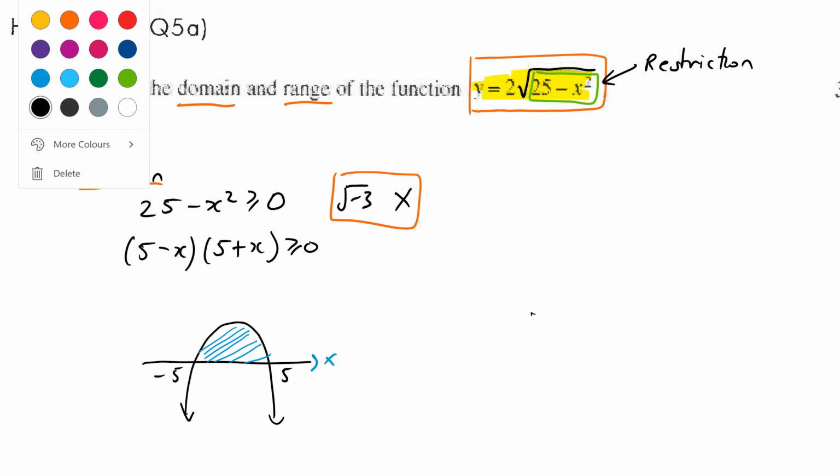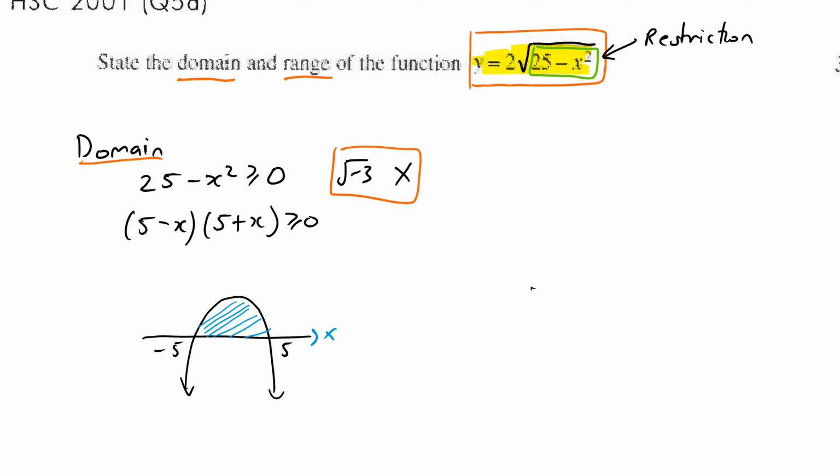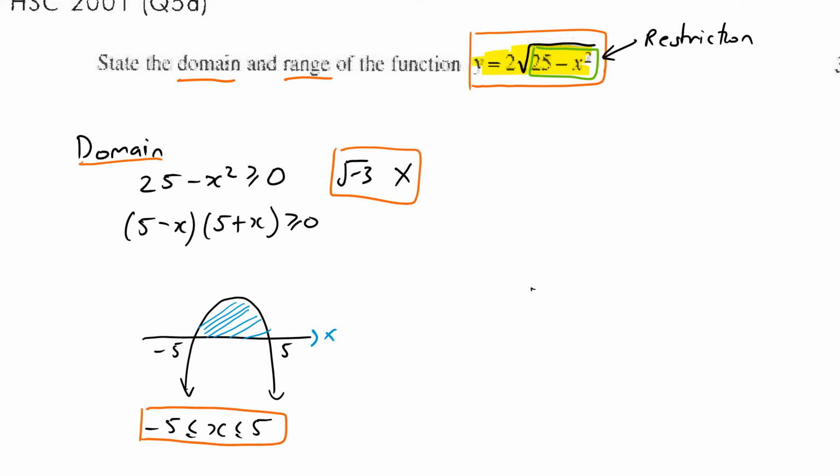So what this tells us is that the solution for this inequality is x between -5 and 5. What this means is that in our function, x can only be between -5 and 5.